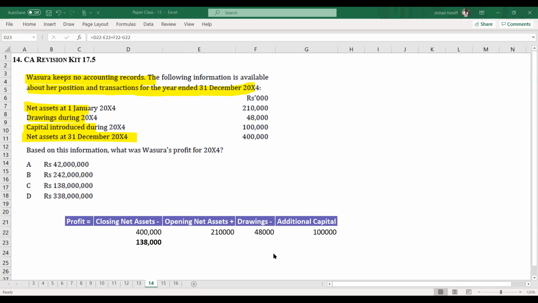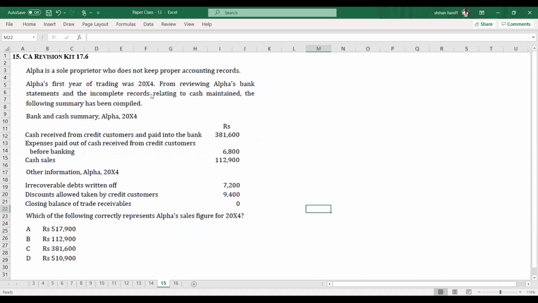Alpha is a sole proprietor who does not keep proper accounting records. Alpha's first year of trading was 2004. From reviewing Alpha's bank statement, the following summary has been compiled. Bank and cash summary: cash received from credit customers and paid into the bank; expenses paid out of cash received from credit customers, before banking, 6,800.